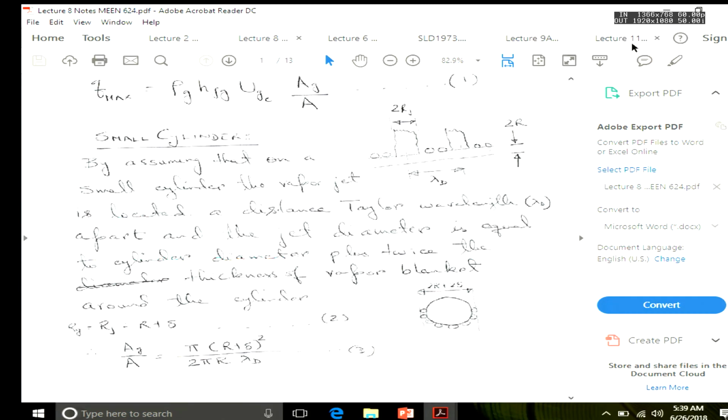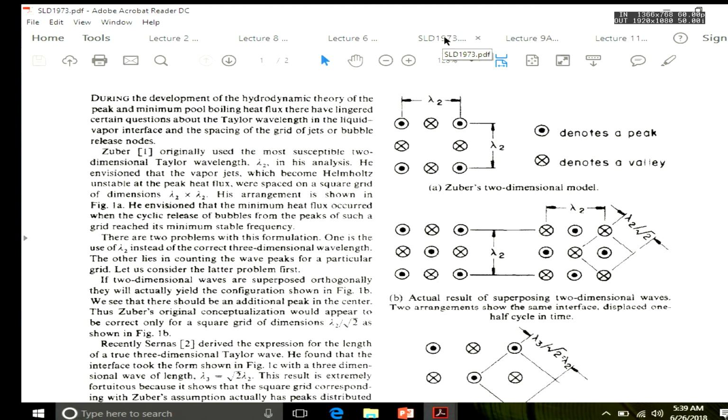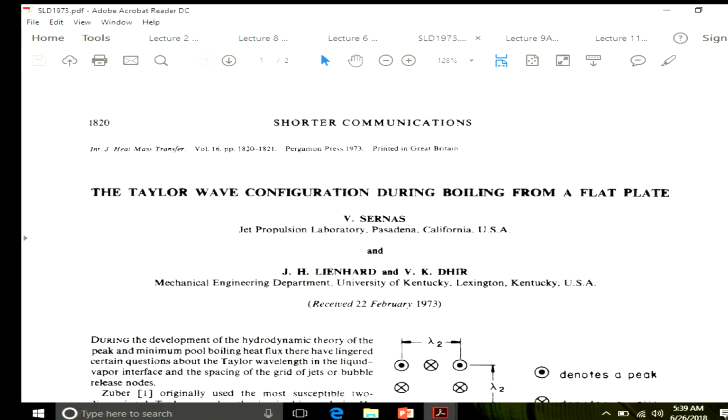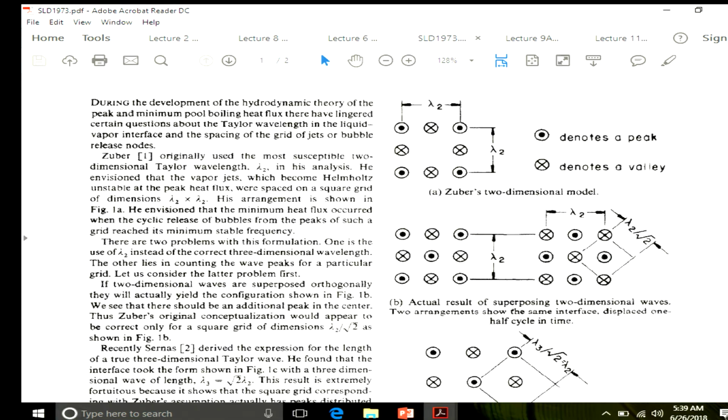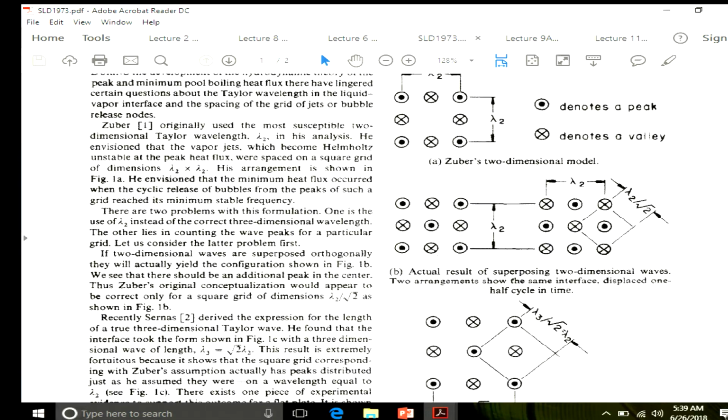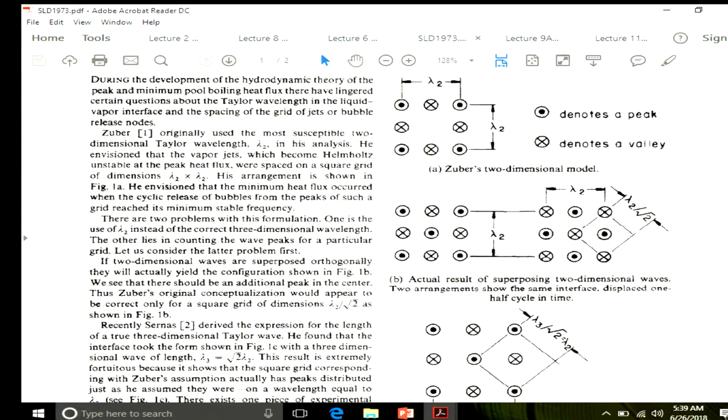So, let's see, the paper by Lienhard and Cernas, I was able to find it. So here is a very nice schematic from that paper. Here is the paper: Taylor wave configuration for boiling from a flat plate. And if you look at the essential summary of their argument, the format that Zuber looked at was this.